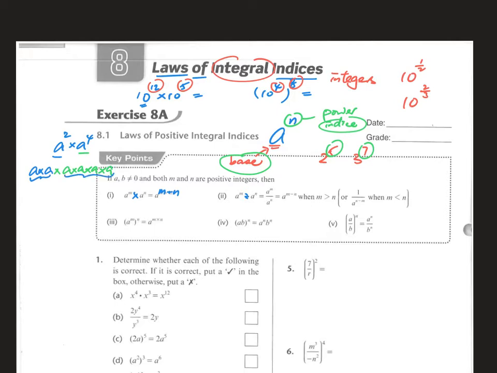Can you see that? 2 plus 4. So the outcome becomes a to the power 6 as a result. Can it help to explain to you why we add up the index when we have multiplication?